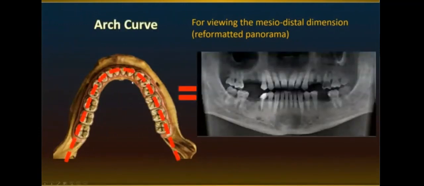This arch curve is like a custom cut, as if you are taking a knife and cutting this area like this and checking from the front here. You will see an image similar to the panoramic that we are all familiar with, but it's called the reformatted panoramic view. It shows the mesiodistal dimension of the bone and the teeth of the patient.